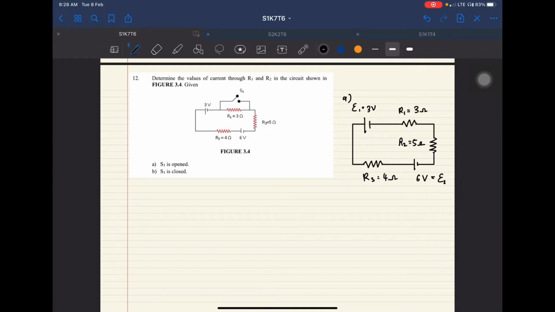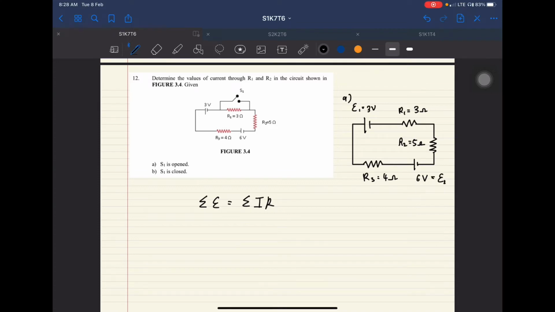So I can't apply the first rule because there's no junction. You only have one loop, right? So you want to apply the second rule, which is summation of epsilon equals summation of IR. But before we apply this, you have to determine the direction of loop and the direction of current.